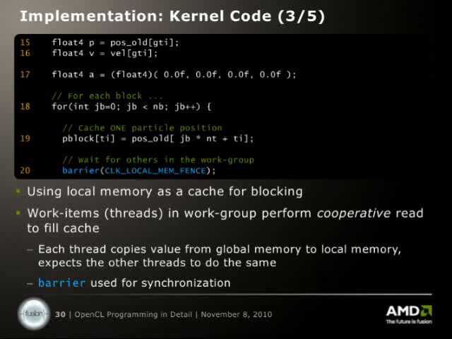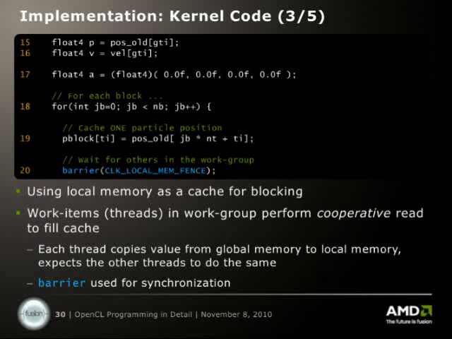At line 19, we perform what we thought of as a cooperative read to fill the cache. This is very common with OpenCL kernels, and it can be at first a little bit confusing, so I want to go over this in some detail.